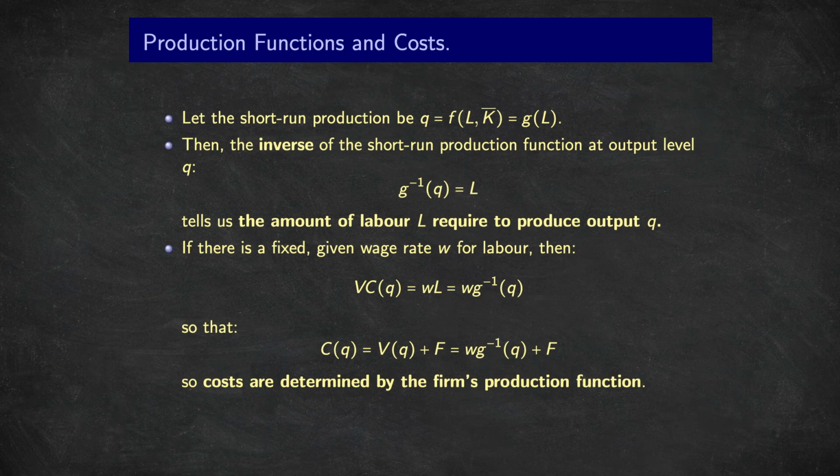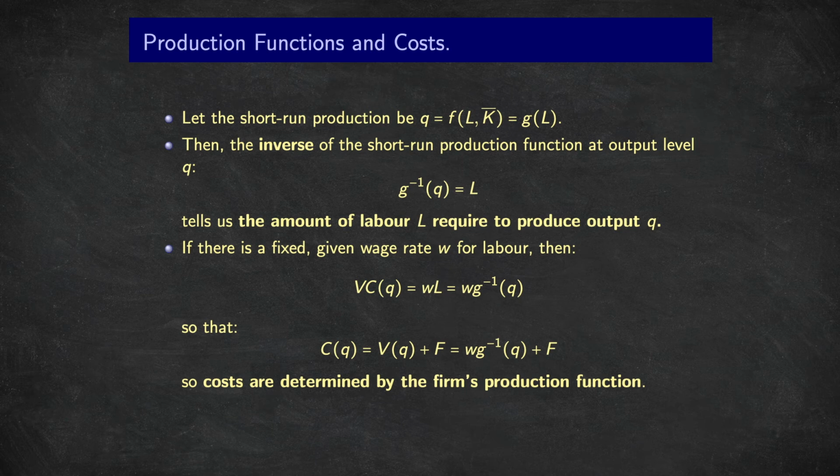We just take the wage rate as given as W. Then our variable cost of producing an output Q will be equal to W times L. Okay. But which L in particular? Well, it's the specific L that is required in order to produce an output level Q. So really we have WL is equal to W multiplied by the function g to the minus 1 evaluated at output level Q.